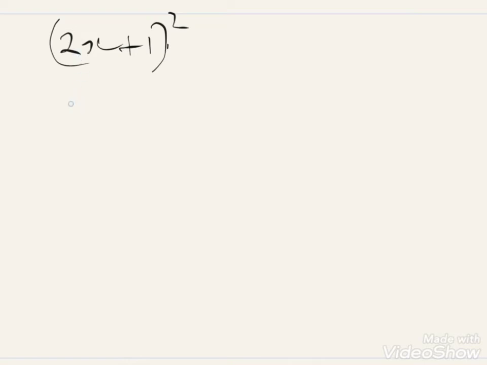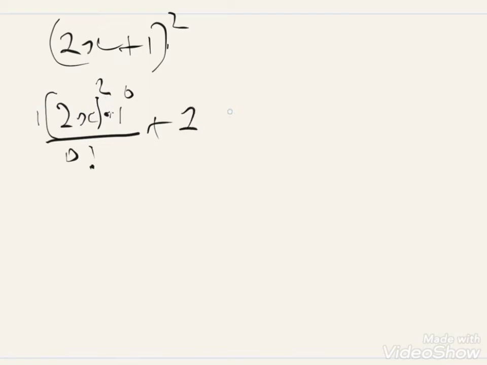Now take the first term, which is 2x, raise it to the original power of the binomial, multiply it by the second term, which is 1, raised to the 0th power, divided by 0 factorial. Plus multiply the coefficient 1 by 2, the power of the binomial, to have 2 bracket 2x, then subtract 1 from the power of the binomial to have 1, multiplying by 1 raised to power 1 all over 1 factorial.